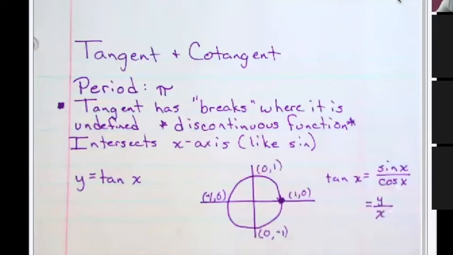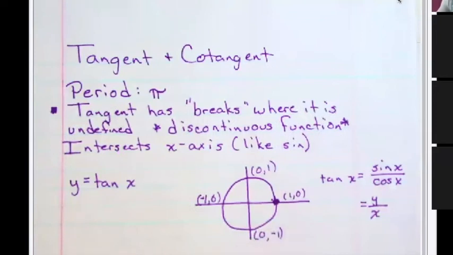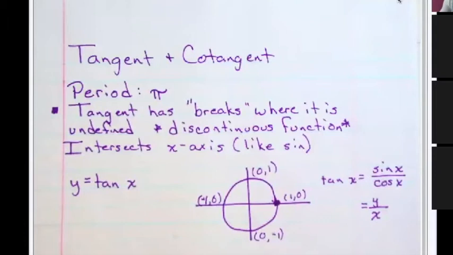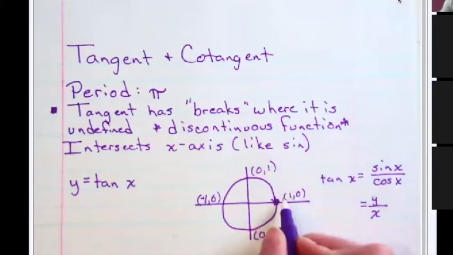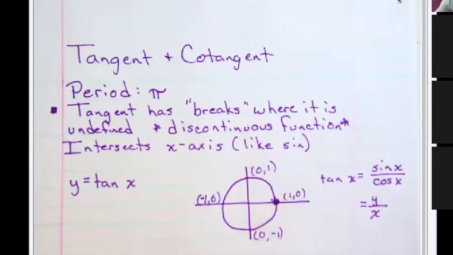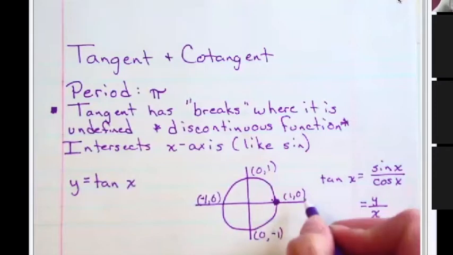So for 0 degrees, the tangent, sine over cosine, 0 over 1 is going to be 0. So the tangent for 0 degrees is 0.